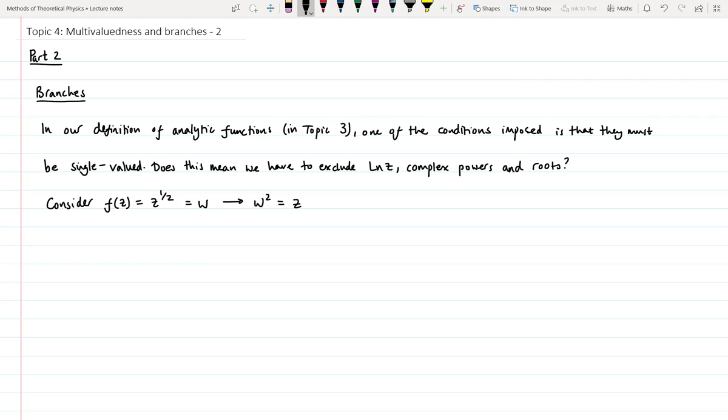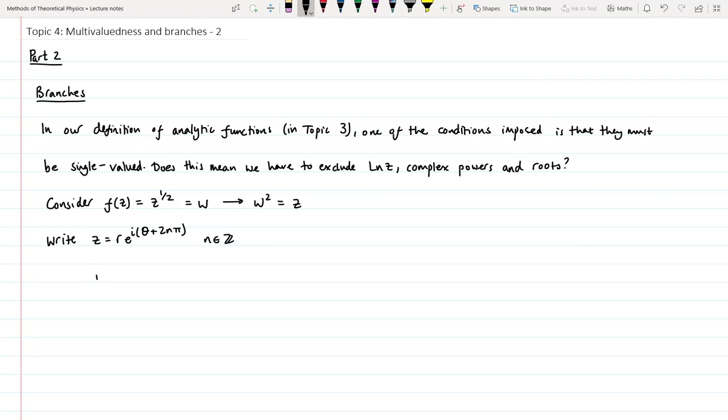We'll also write down some notation to make things easier later. We're going to write that the input z, written in modulus argument form and accounting for multivaluedness, is given by r e to the i theta plus 2n pi, where n is an integer.